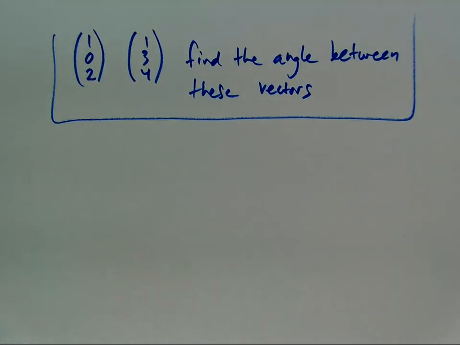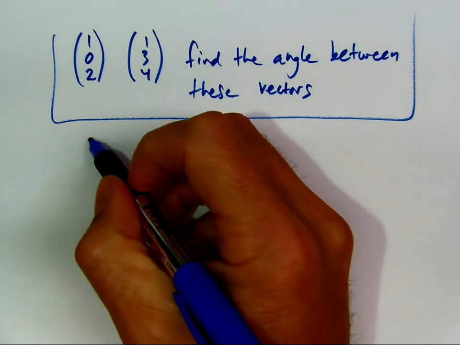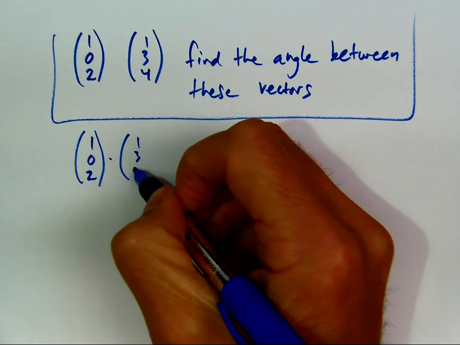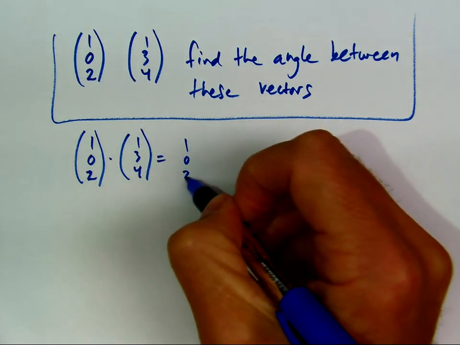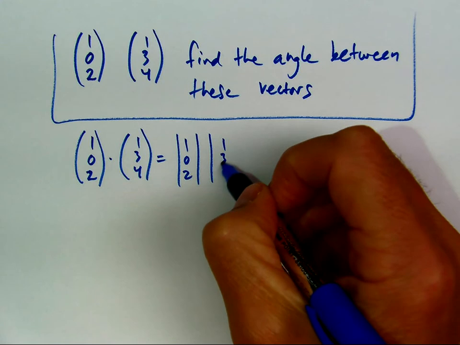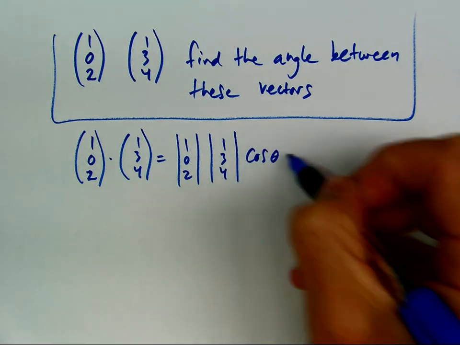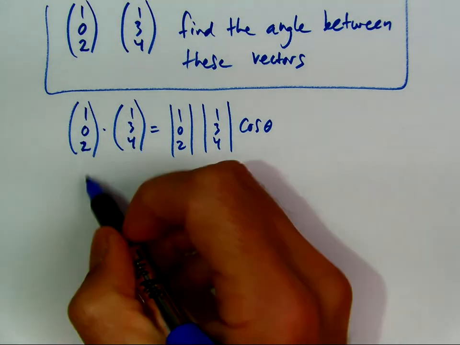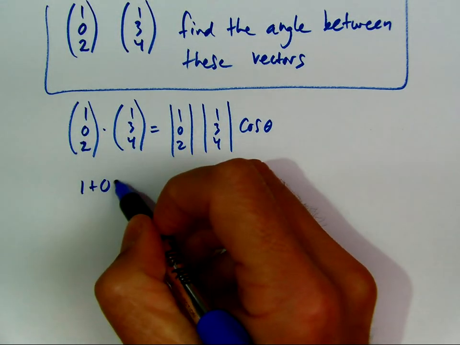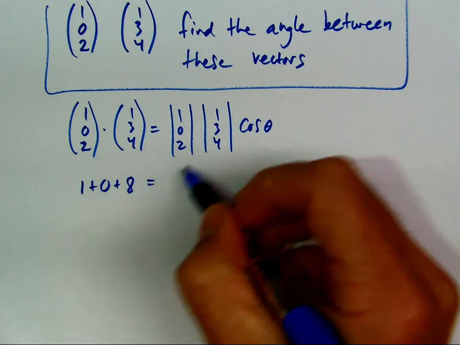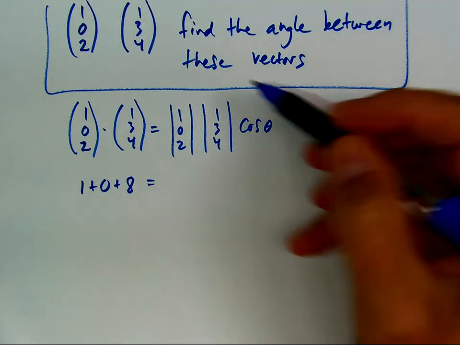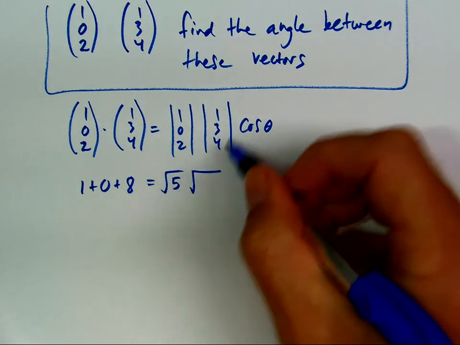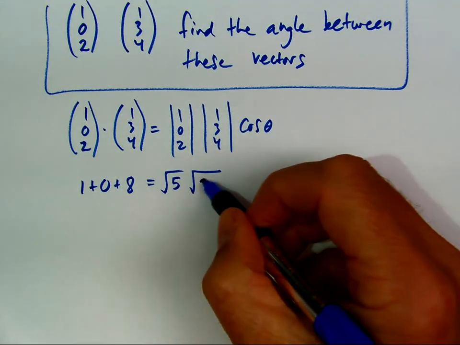Find the angle between the vectors. Pause the video. So we do the dot product. That'll be 1 times 1, 0 times 3, 2 times 4. Here we have to square and square, so that's going to be 1 plus 4 and 1 plus 9 plus 16.